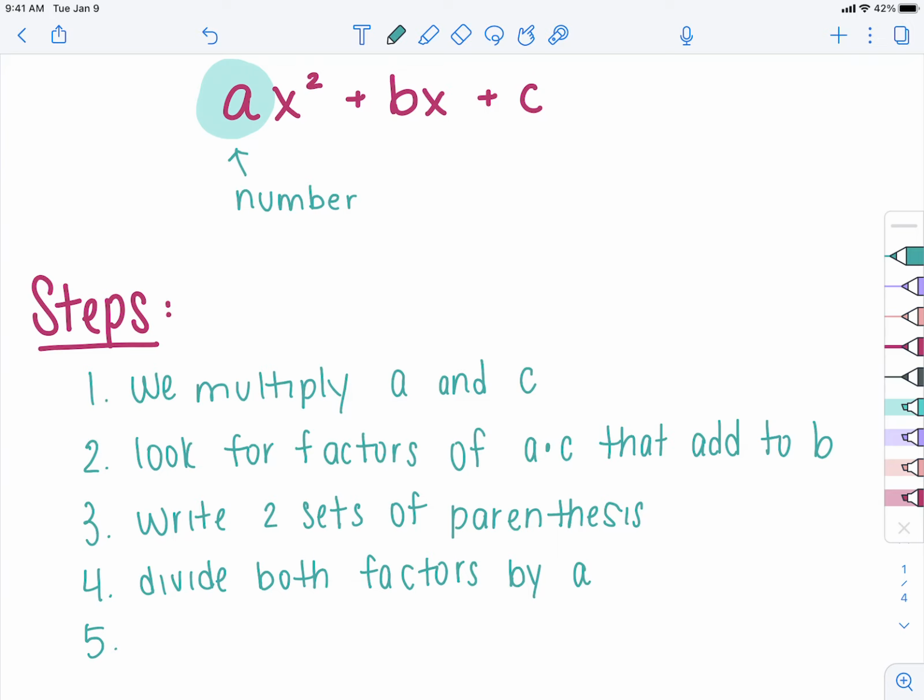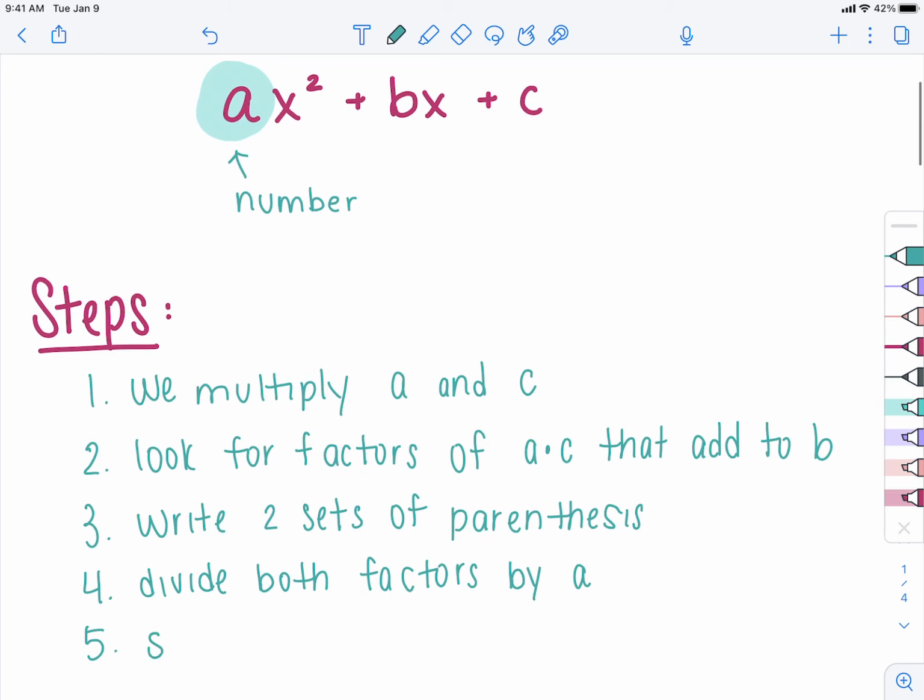We're going to take that 5 and bring it up to be the coefficient of the x so that we don't have ugly fractions in our parentheses. So we're going to say, simplify or bring the bottom up.